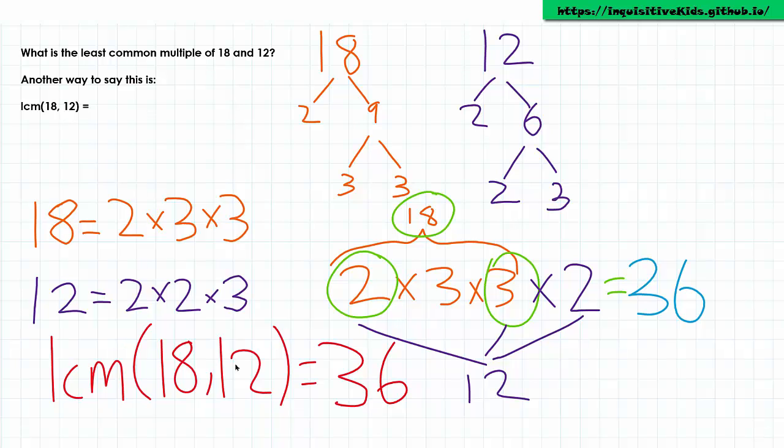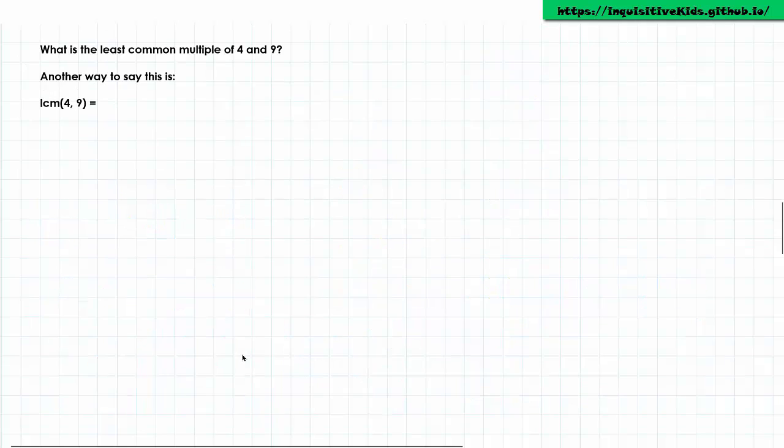Let's move on to the next example. What is the least common multiple of 4 and 9? For this problem, let's list out all multiples of 4 and 9. First, the multiples of 4.